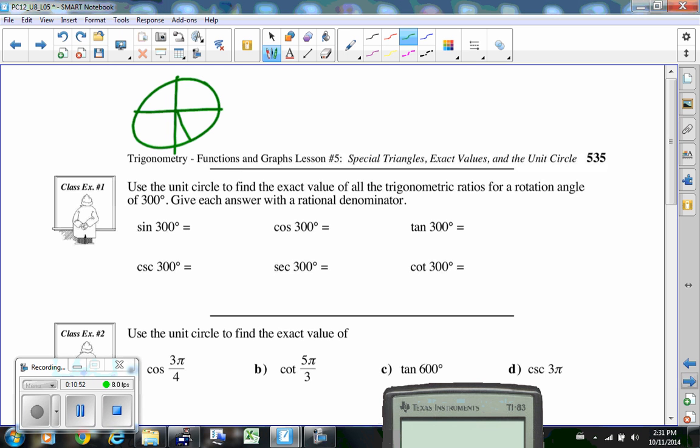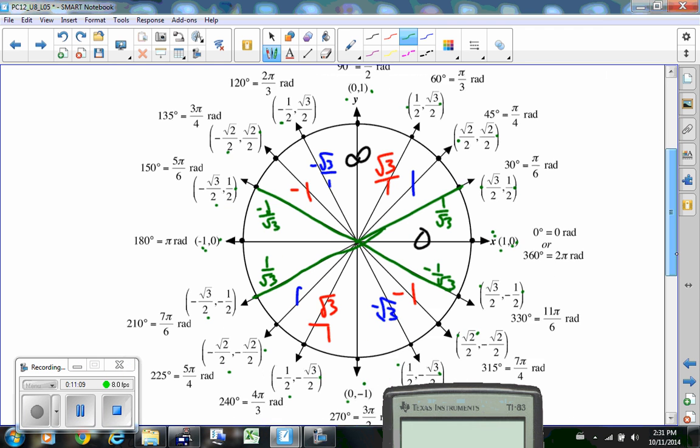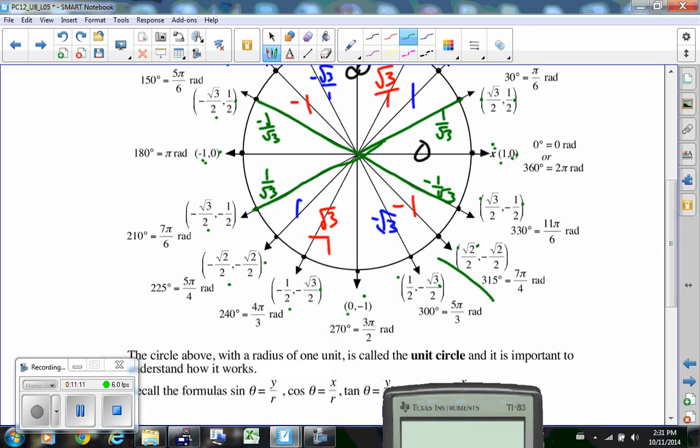It's there. Oh, cool. You just have to play Where's Waldo on these. So for 300, I look over at my unit circle. Pardon my sneezing. I look at 300, and there's my answer.